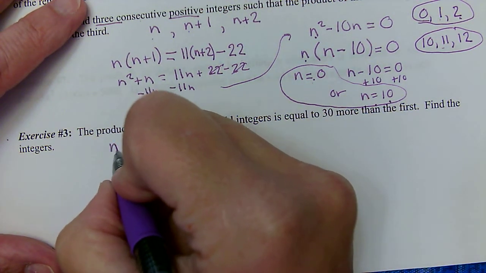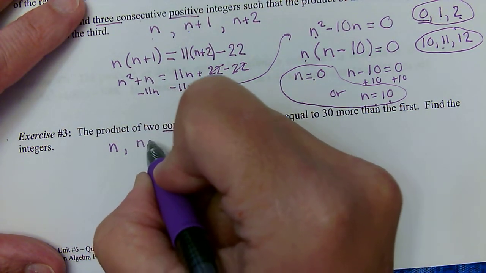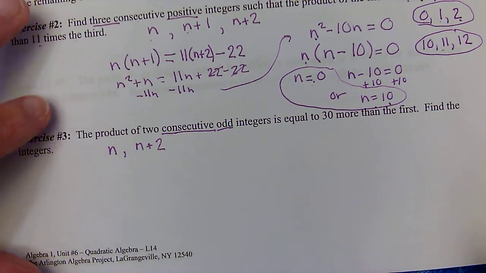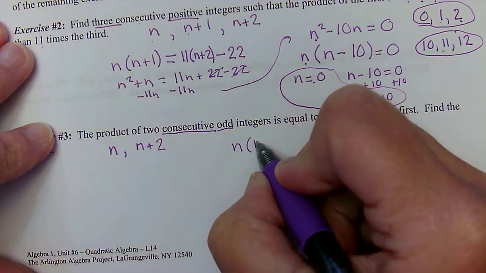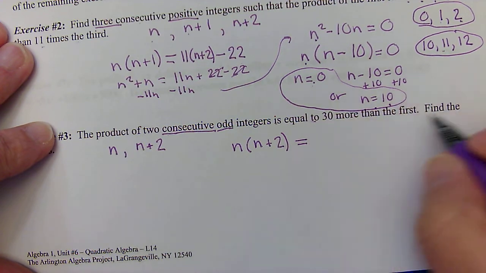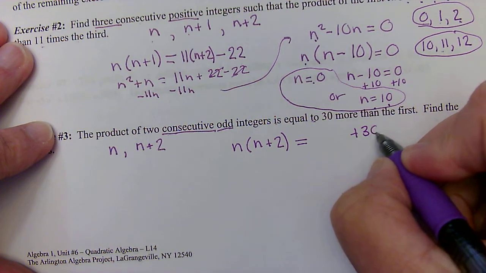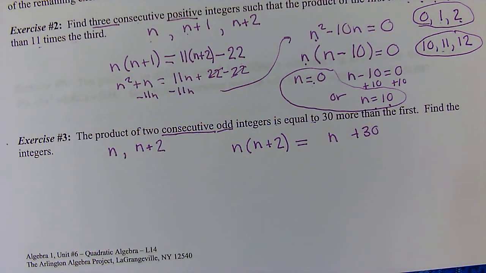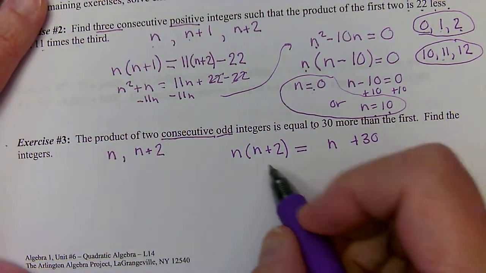So if we call our first integer n, and it's odd, then n plus 2 would be the next consecutive odd integer. It says that their product, which would be n times n plus 2, is equal to 30 more than the first, so we're adding 30 to the n. So this is the equation we need to solve.